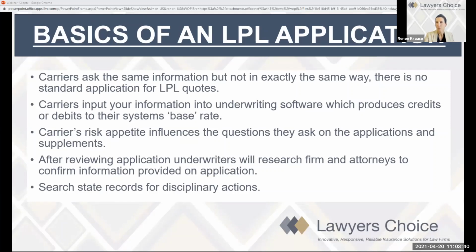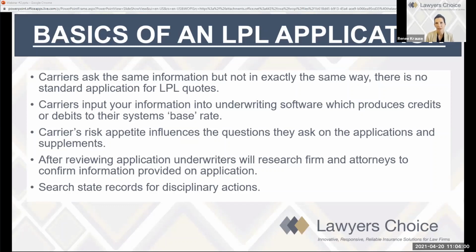Also, an important thing to know, some of you may know this, some may not, but carriers also do their own research outside of the application. When you provide information on the application, they will take a look at your website. They'll search your firm's name.